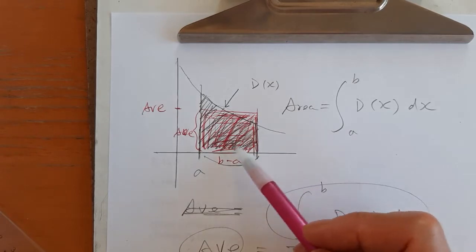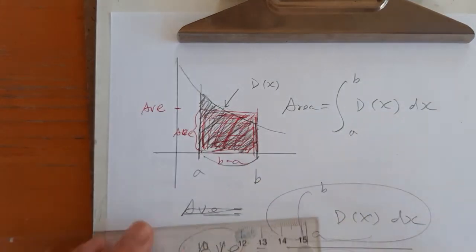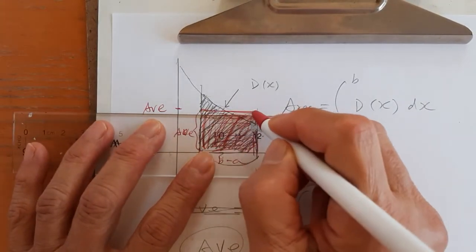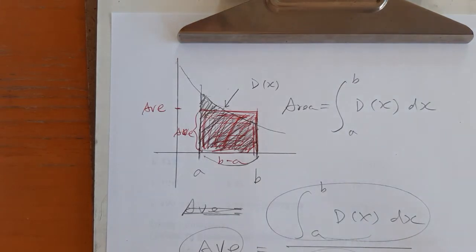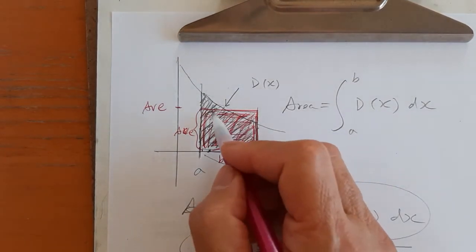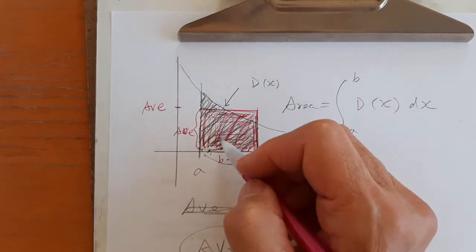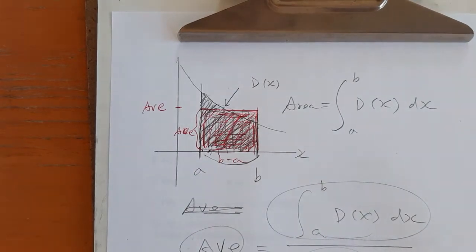The area under the curve is equal to the area of the rectangle. That means, what does average mean? It means for every x, the function has the same value, the same height. That's what we call average.